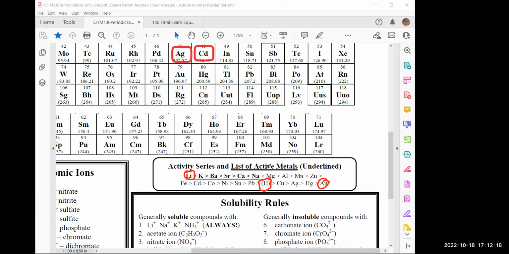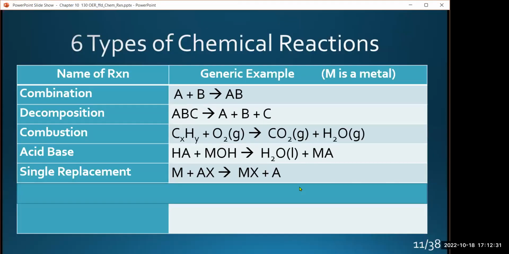The way we do this, we're going to ask questions about the metals, and the answer will determine whether the reaction will proceed as written here, that this reaction is positive and will proceed, or we may get a result where you get no reaction, okay? So the single replacement reaction is governed by the activity series.